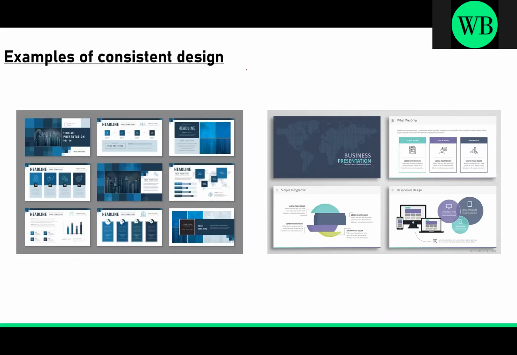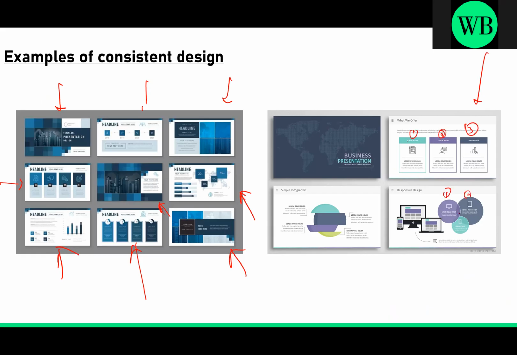Right now, these are more examples of a consistent design. If you see this presentation, look at each and every slide, right? You're seeing the same elements of blue here and the same design sensibility here. Here again, you're seeing these three colors, one, two, three colors that they've used. And if you see, they've used these one, two, three colors everywhere.